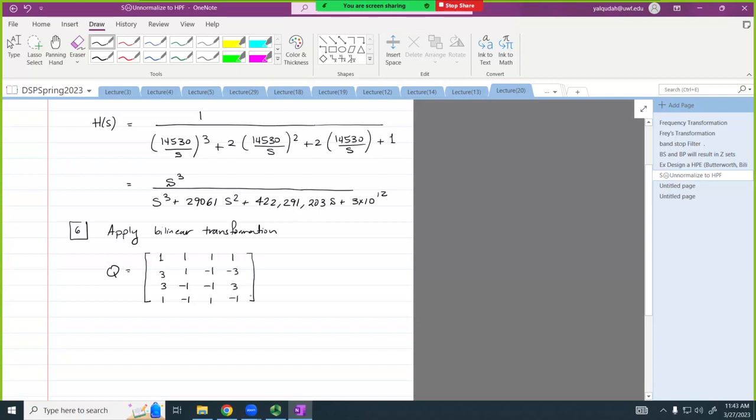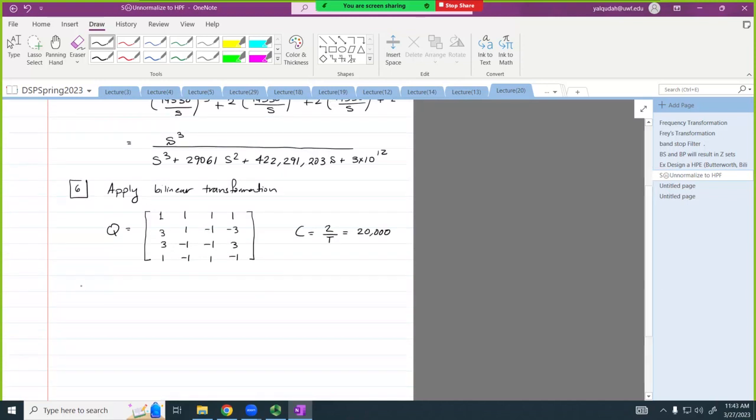And since H of S is already unnormalized, we have C that is equal to 2 over T, which is going to equal 20,000. And we can generate the numerator.